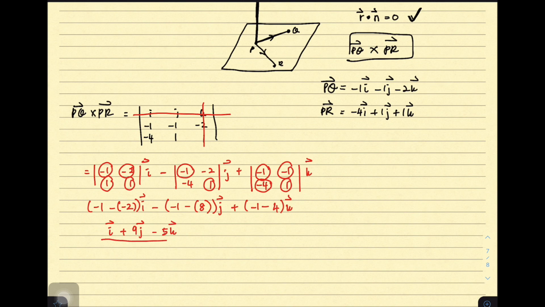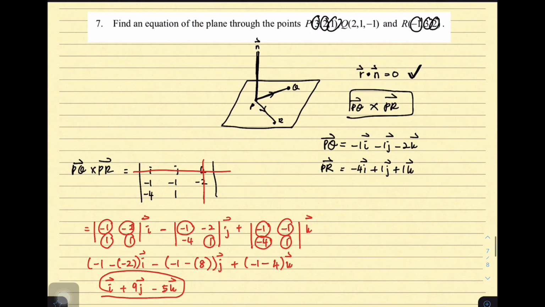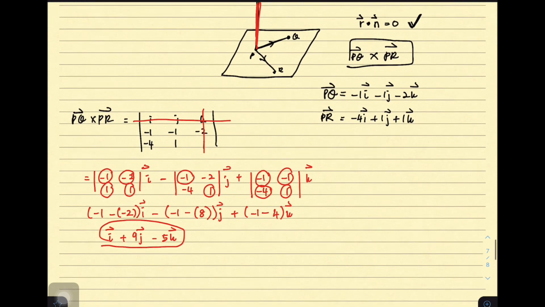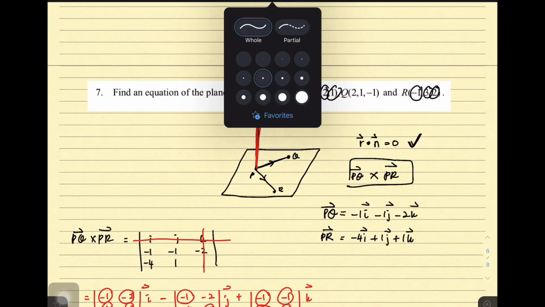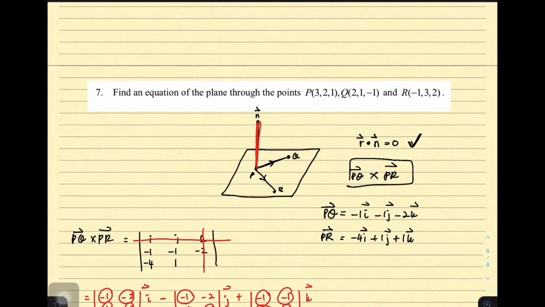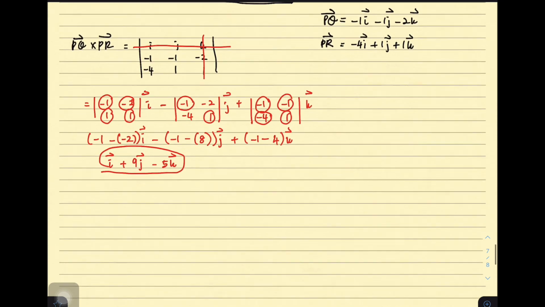So this one is n, the vector that is orthogonal to the plane. Now we want to find the vector on the plane. To find a vector on the plane, you can take any point from these three. Let's say I want to take this point 3, 2, 1.